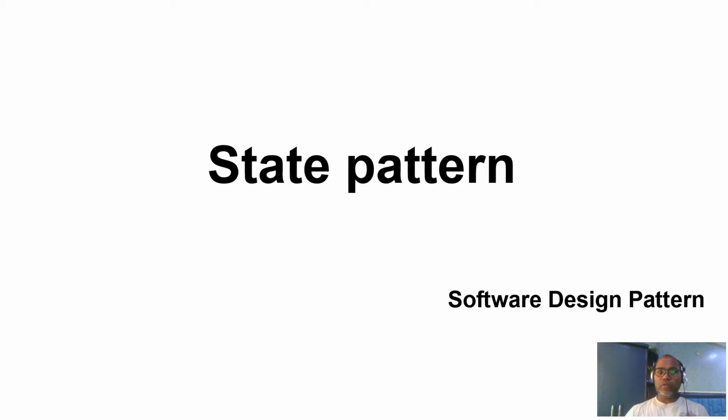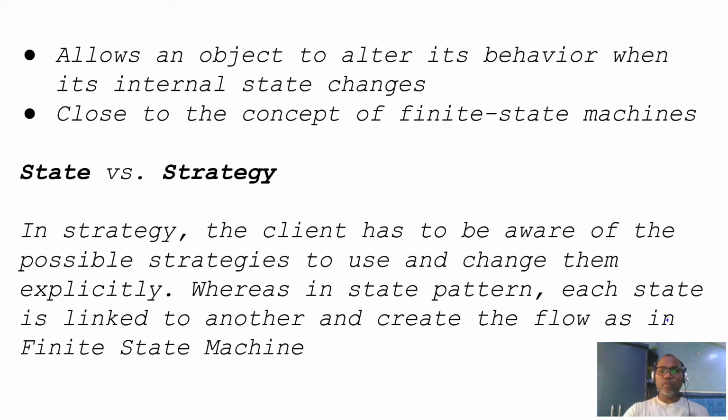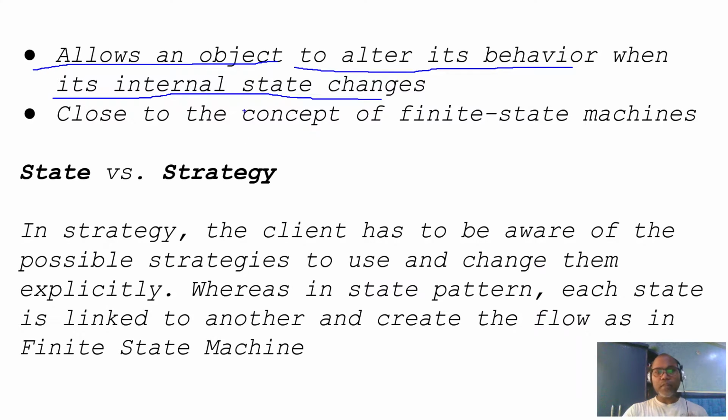If you talk about the theory, the theory is very simple. The State design pattern allows an object to alter its behavior when its internal state changes. That means we have one object, and it has some behavior, like some functions.